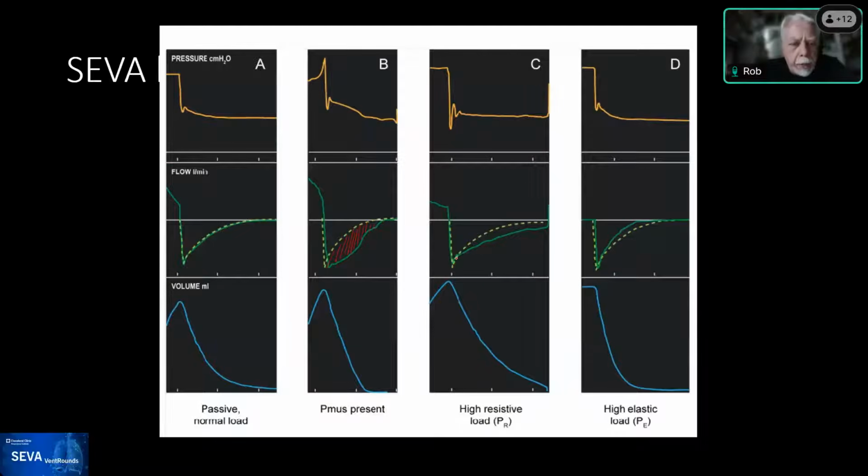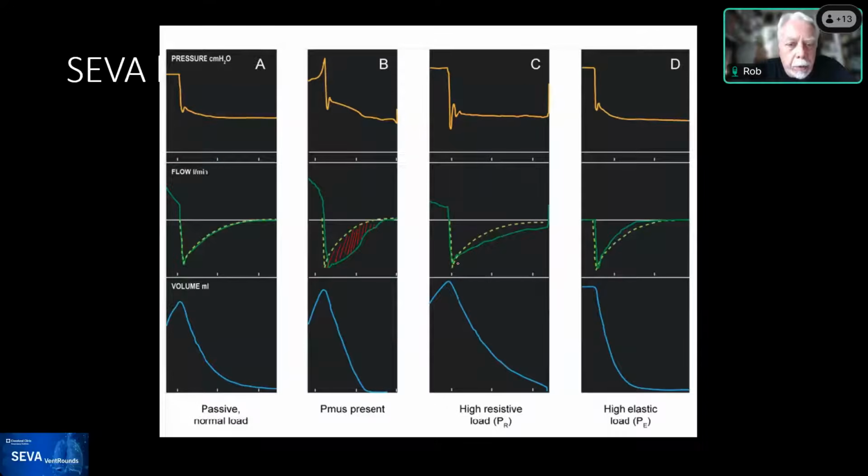So again, the peak expiratory flow is equal to the peak plateau pressure minus the set PEEP divided by expiratory resistance. So I'm not sure if the plateau pressure and the set PEEP was the same in this particular simulation, but let's say it was.